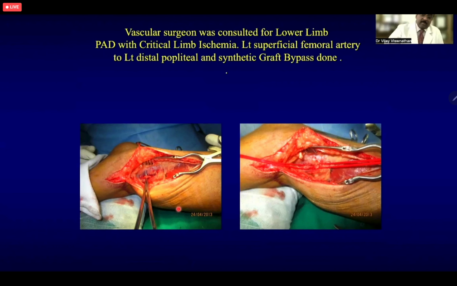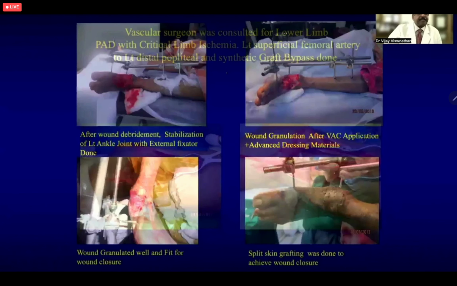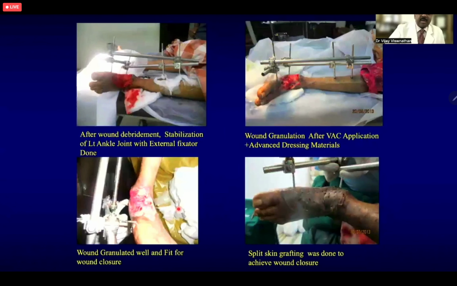Today, with developments in interventional radiology, it has become possible to put a stent or a balloon into the arteries. The ankle joint becomes unstable because of all these procedures. So you put an external fixator and fix the ankle joint. So you need an orthopedic surgeon.